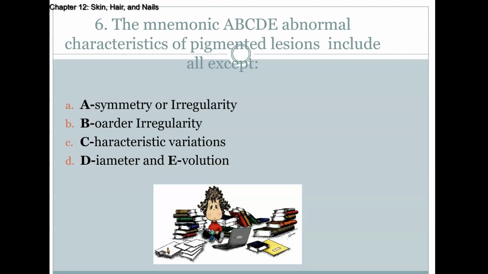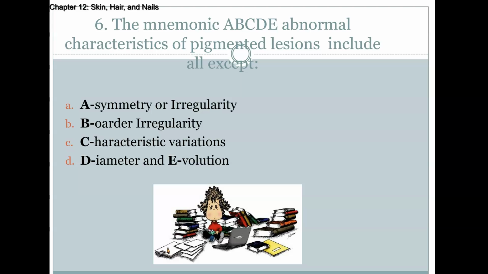The mnemonic ABCDE is used when you're assessing for abnormal pigmented lesions. As I have here on the slide, it's asking about characteristics of pigmented lesions, include all except. So you're looking at asymmetry, border irregularity, color variations, diameter, and evolution.